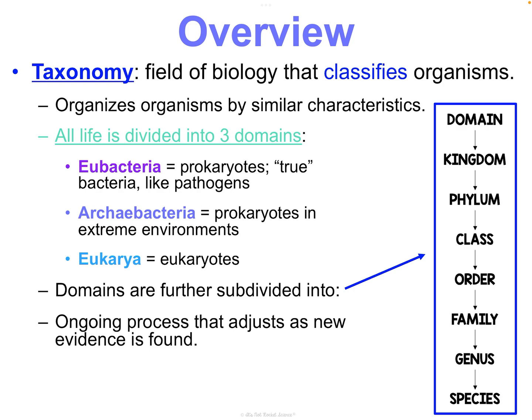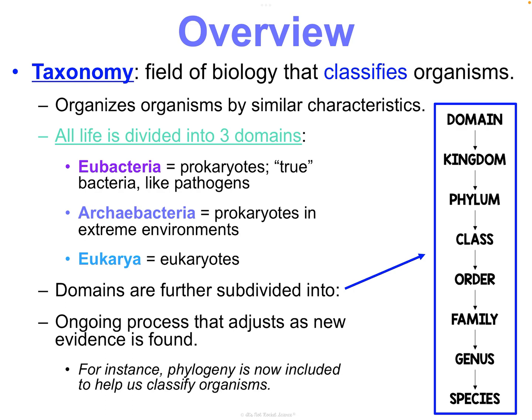Things change, what families they're in, what orders they're in, as scientists learn more and more about the organism. For instance, phylogeny is now included to help us classify organisms. We're going to define phylogeny in a minute, but that's about evolutionary history, and that now helps taxonomists classify organisms.